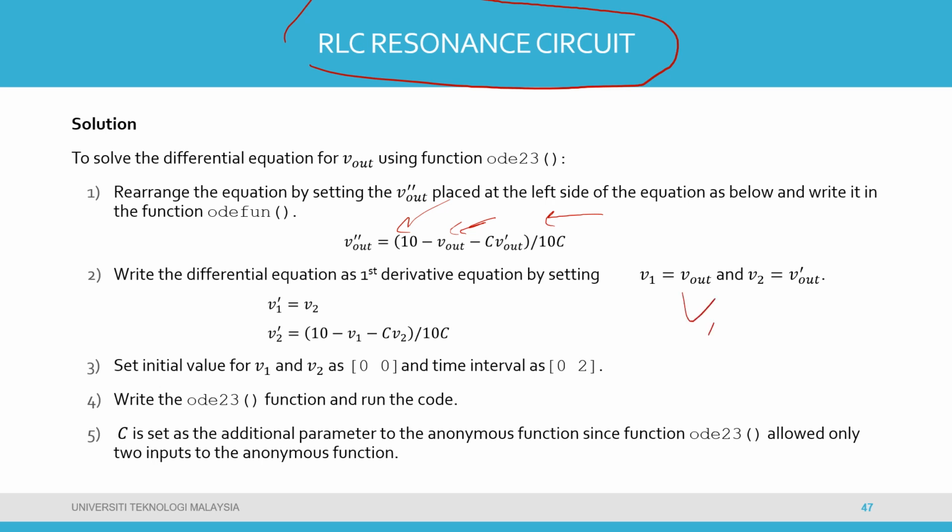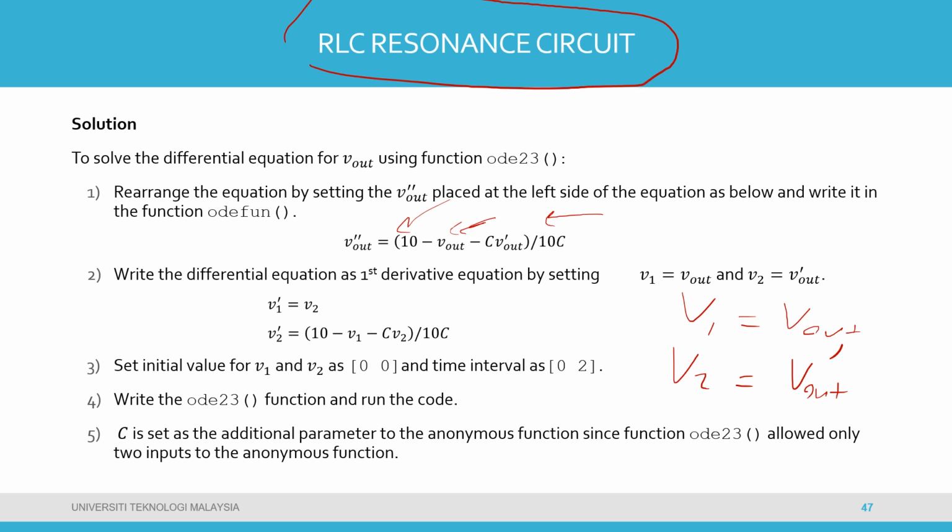So V1 is equal to V out, and V2 is equal to V out bar. So V1 bar equals V out bar, which is basically V2.